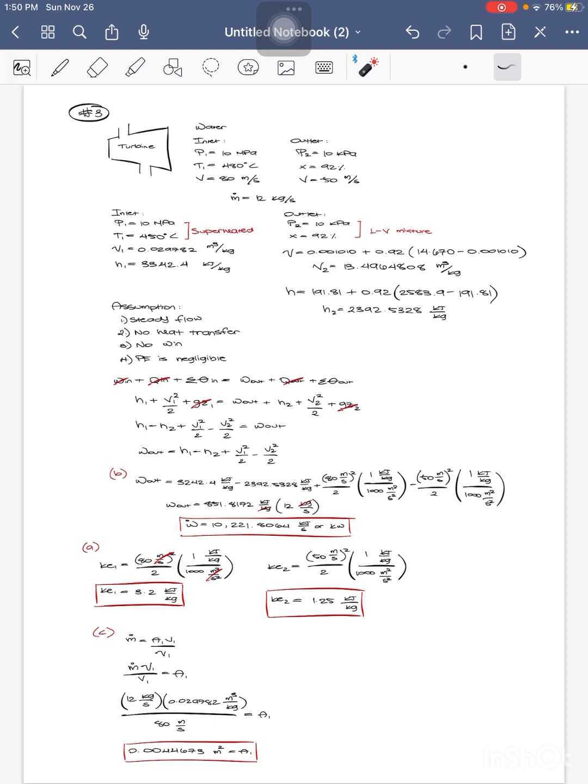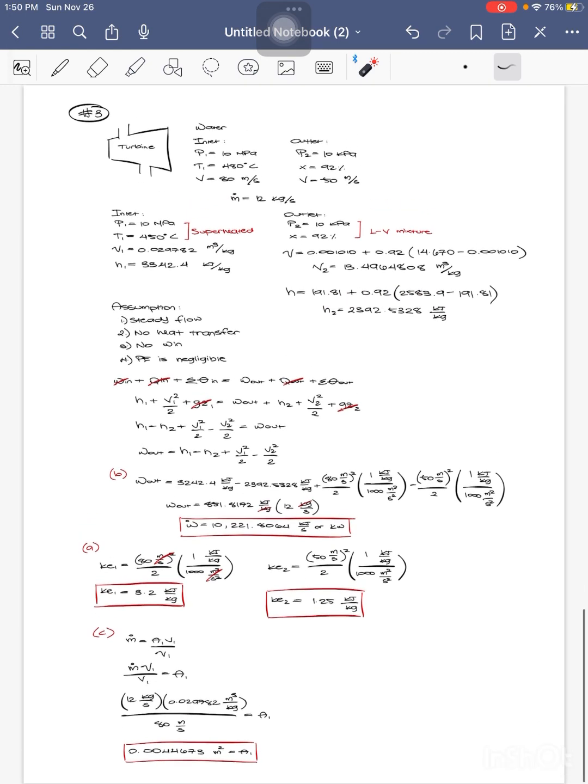Next, I determined through the superheated table the specific volume and the enthalpy. For the outlet, I use the equation specific volume is equal to Vf plus x times Vg minus Vf, and this is the answer. And for enthalpy, h is equal to hf plus x times hg minus hf, and this is the enthalpy for the outlet.